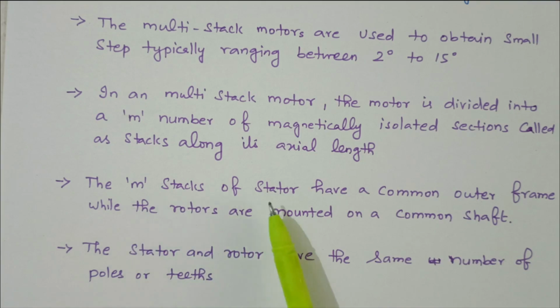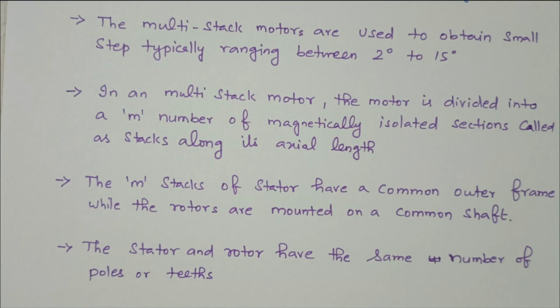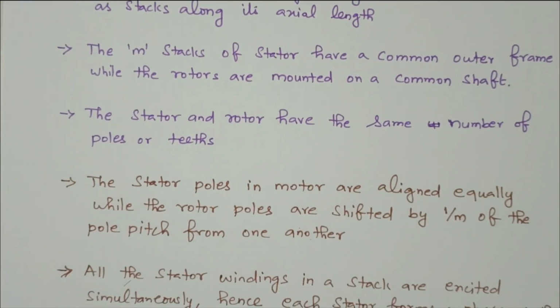The M stacks of stator have a common outer frame while the rotors are mounted on a common shaft, right? So the common outer frame, common shaft. The stator and rotor have the same number of poles or teeth, right? Same number of poles in stator and rotor. Now we'll see the further detail.